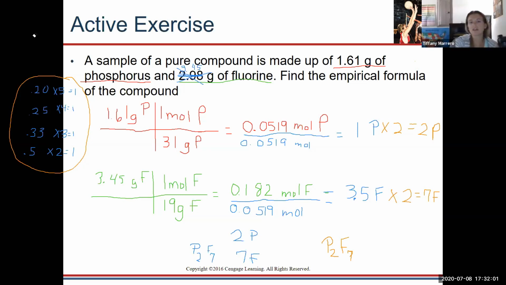For the ones we see like this, is it always going to be 1 mole? What do you mean by 1 mole? You're talking about 1 mole over here?